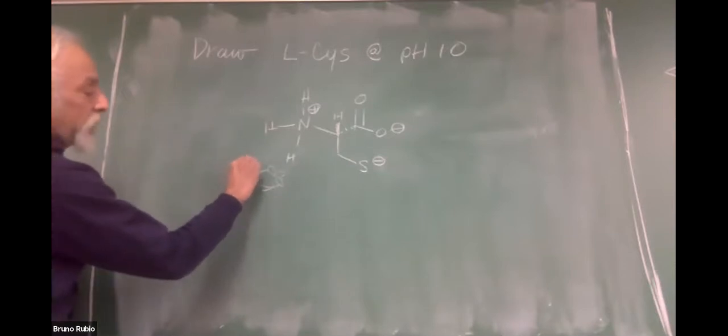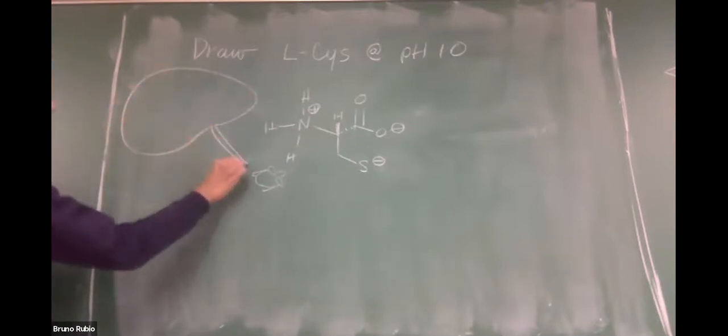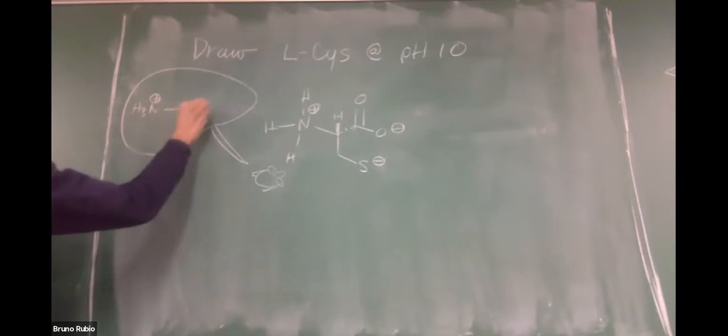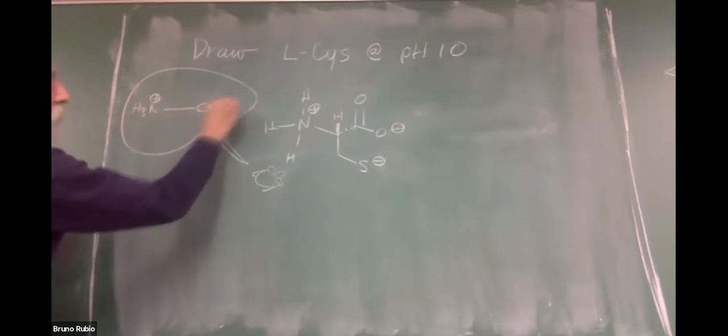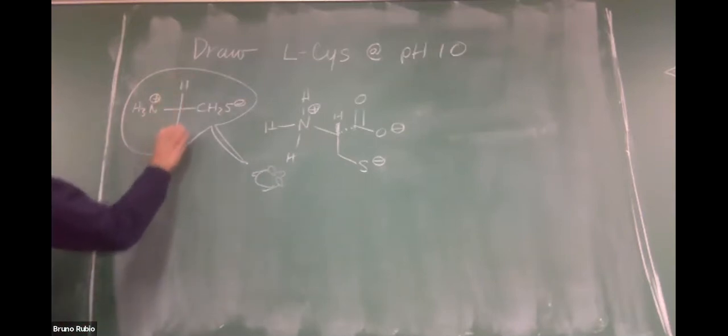And so if I want to look at this as a Fisher projection, here's my thought bubble. What am I seeing? I'm seeing nitrogen on one side, CH2S minus on the other side. They're reaching out to hug me. I see hydrogen up here, and I see CO2 minus down there.